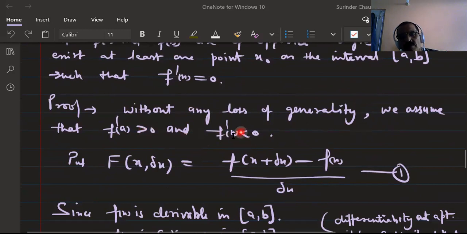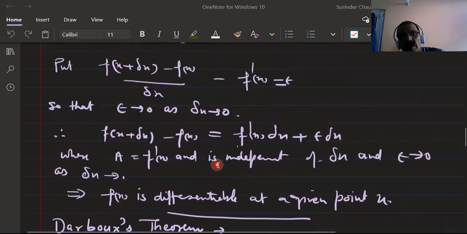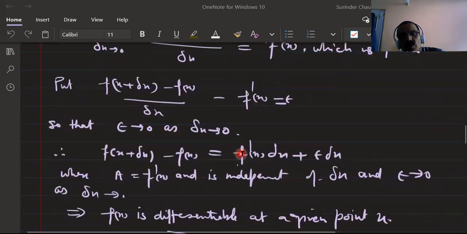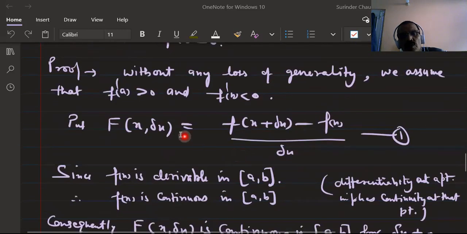This is the first definition: f(x + delta x) minus f(x) over delta x. If you remove the limit, we will have a difference value, which we suppose to be a function of x and delta x. Now f(x) is differentiable on the interval.